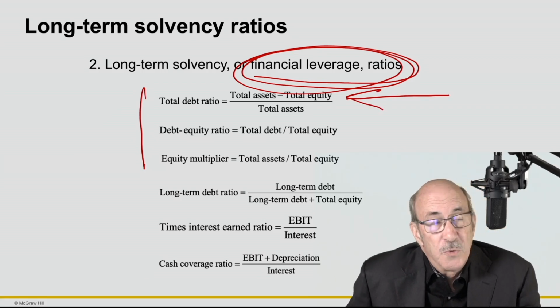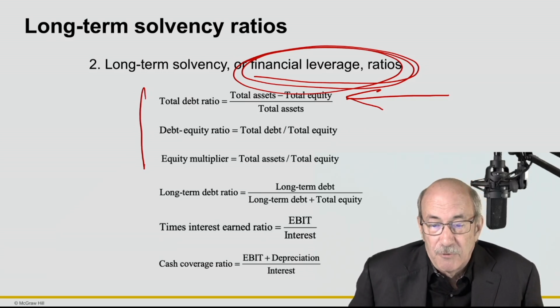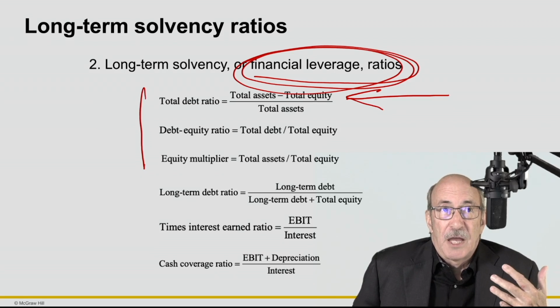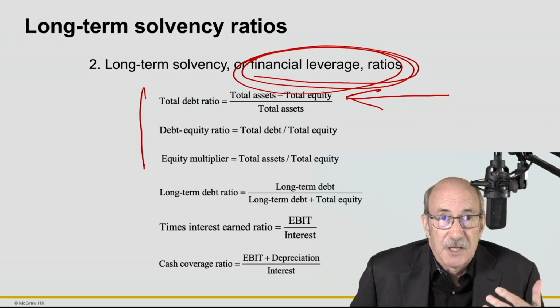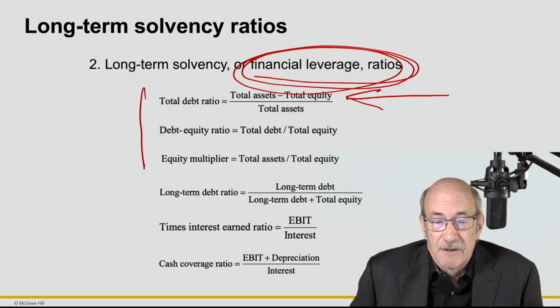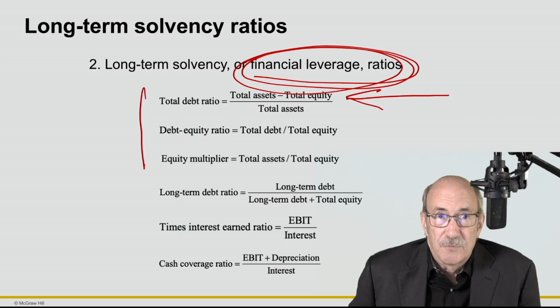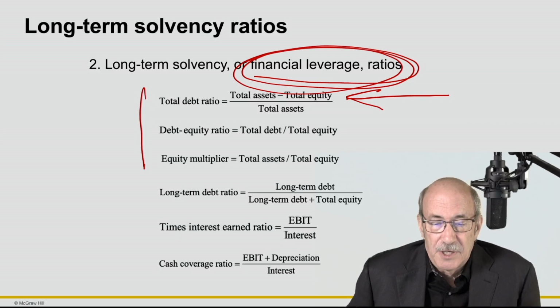That's a very easy one because if we have an all equity firm, that would be 0. A firm that has 50% debt, 50% equity, that would be 0.5 or 50%. If it has 75% debt, 25% equity, this ratio is 0.75. So it just makes it easy to think about in that regard.